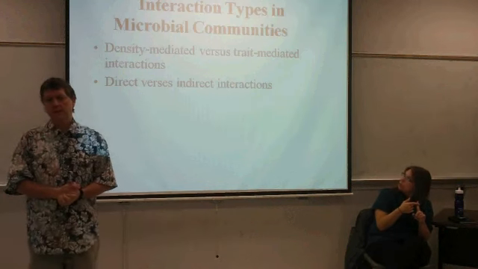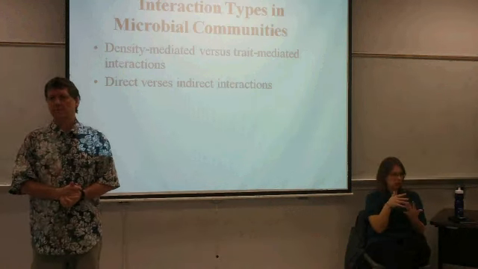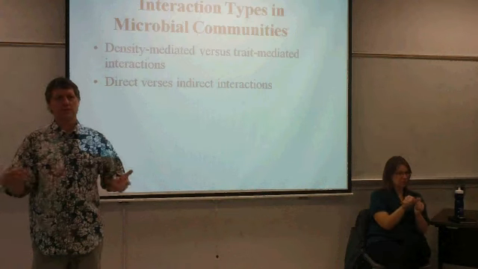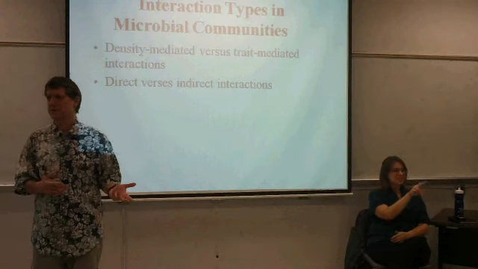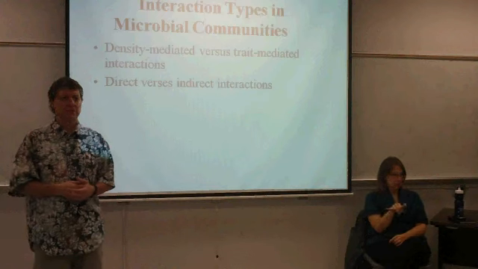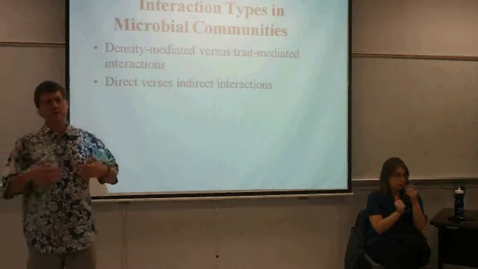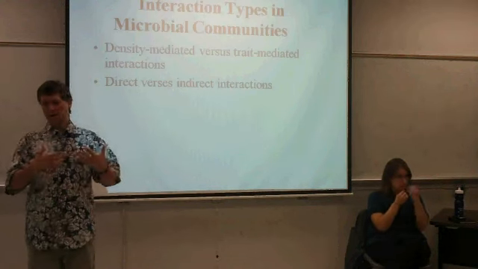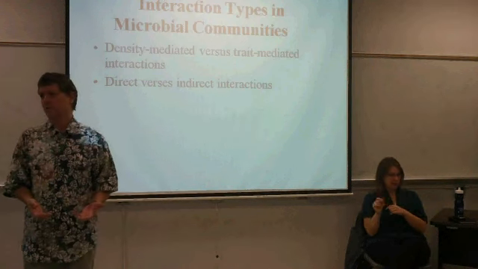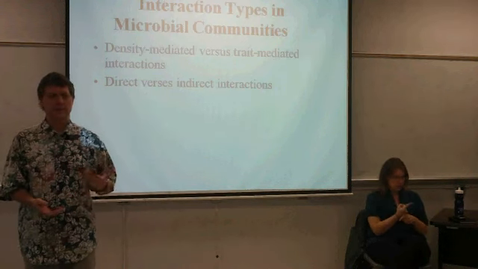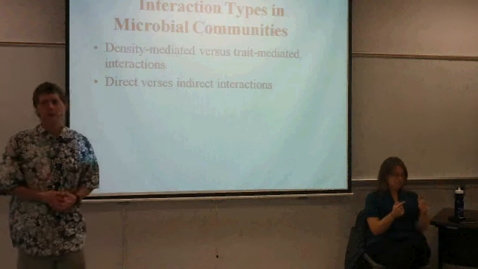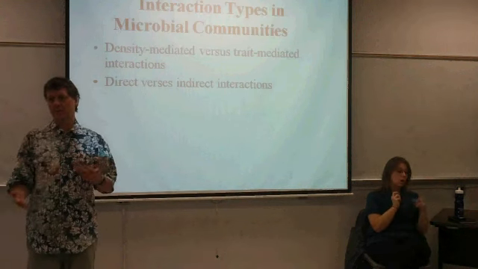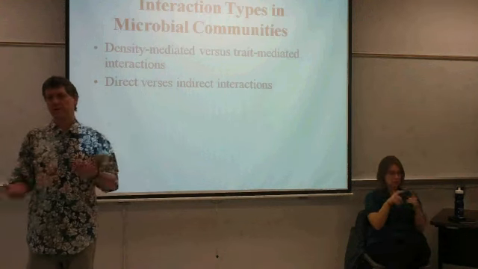Density-mediated interactions are essentially interactions with another organism that depend upon your density relative to their density. So this might be, for example, competition for food. If you eat a bunch of food and the other one can't get it, then you're competing with them directly, right? This is density-mediated. Or predator-prey interactions that are dependent upon the density of the predator and the density of the prey.